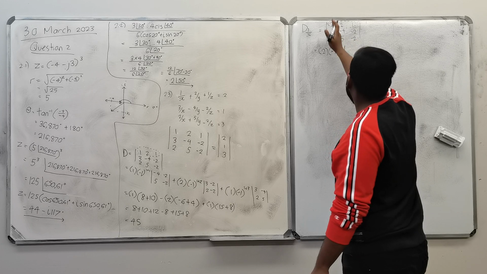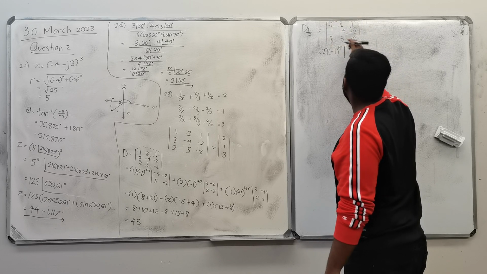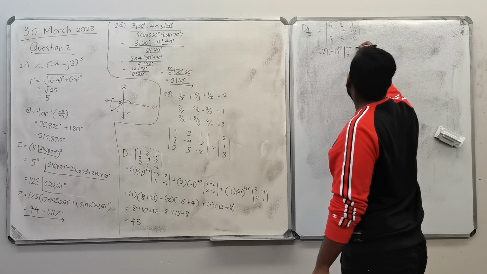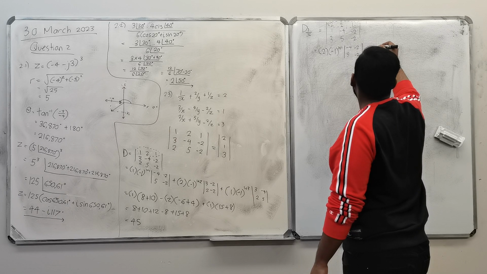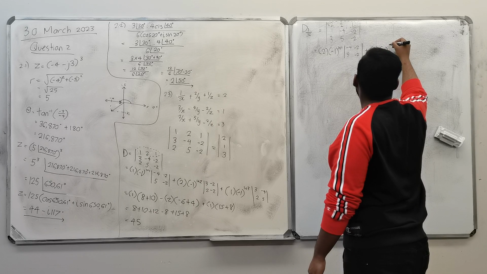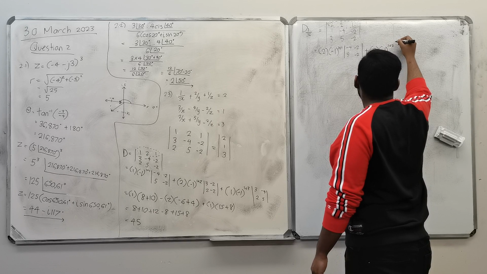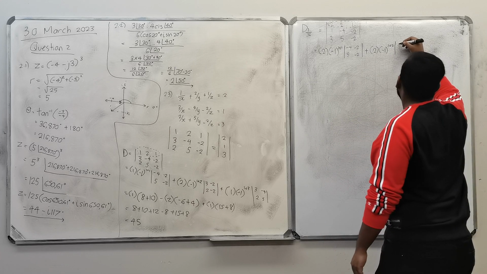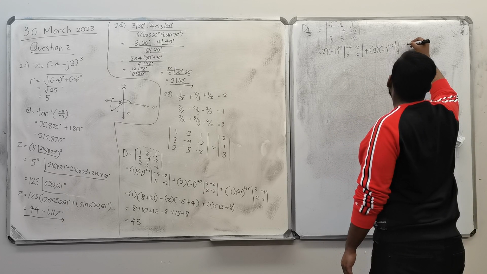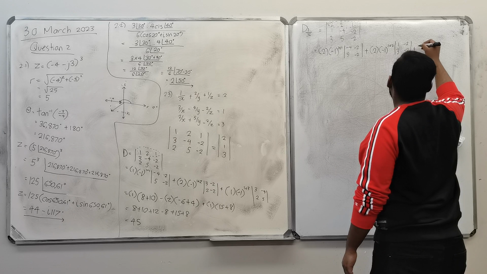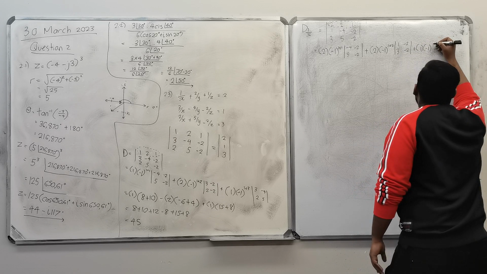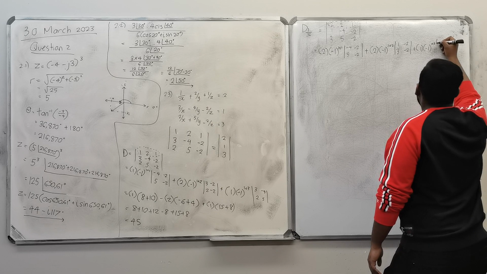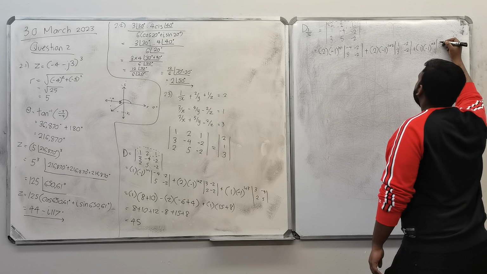If you block out this row and column, you're left with minus 4, minus 2, minus 2. Plus your second number is 2 times minus 1 to the power 1 plus 2. Block out that row and column, you're left with 1 and 3, 2 minus 2 minus 2. Plus your third number is 1 times minus 1 to the power of its row and column, 1 plus 3. Block out that row and column, you're left with 3, minus 4, 5.